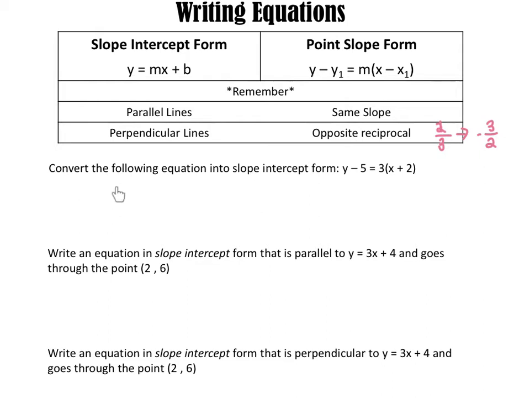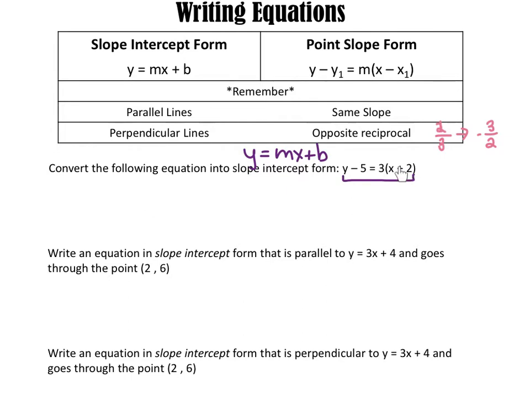So the first one we have, we're converting the following equation into slope-intercept. We need it to look like y equals mx plus b. We're starting here in point-slope form. So the only thing you have to do in order to get it from point-slope into slope-intercept is isolate your y.